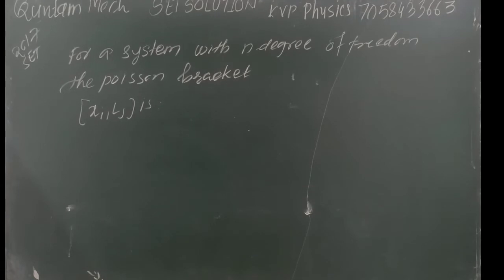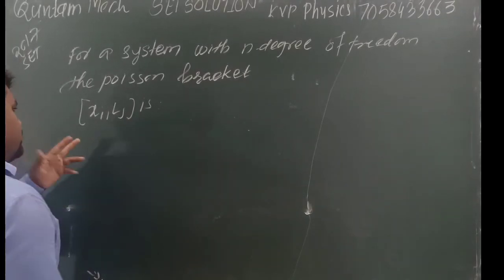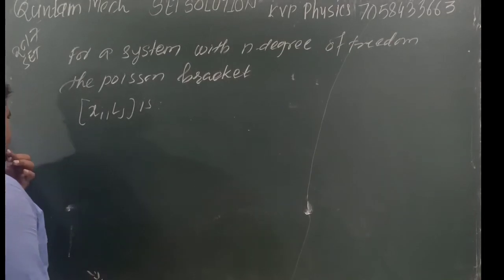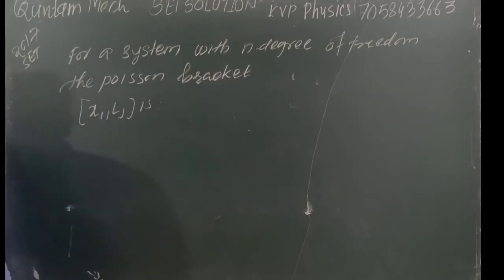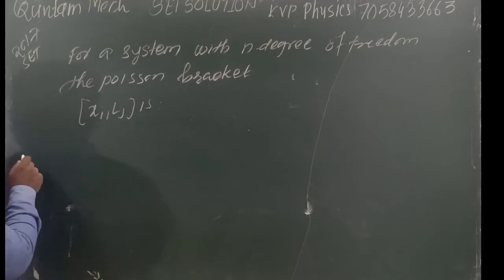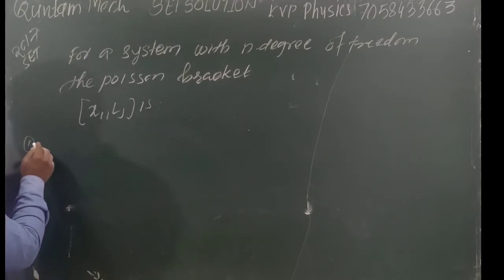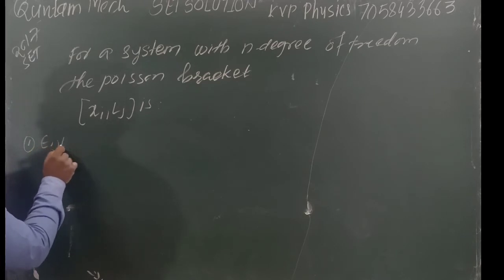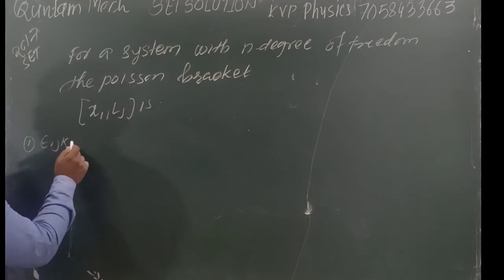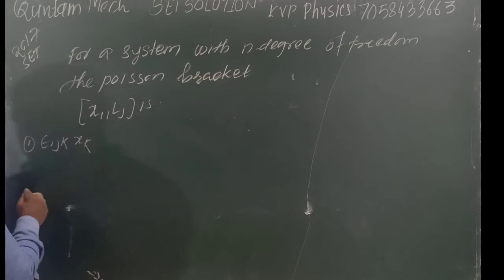Next question. For a system with n degrees of freedom, the Poisson bracket xi, lj. And they give options for this case. First option, epsilon ijk xk.